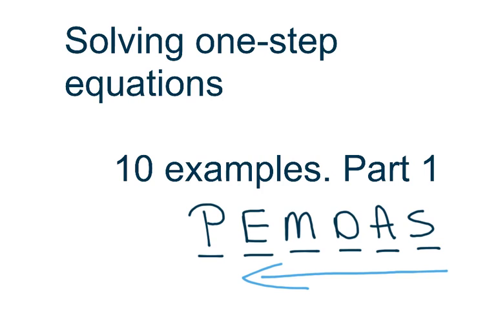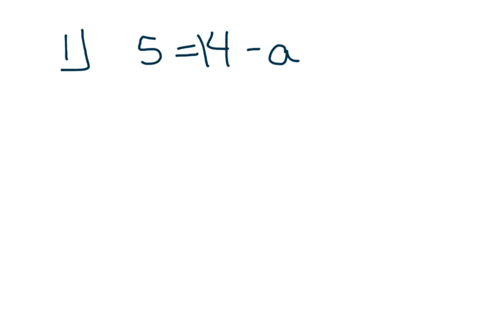So the first equation, and there's going to be 10, is we have 5 equals 4 minus a. So I'm going to look at PEMDAS and ask, we need to solve for a. Is there anything I can add or subtract to help isolate a?